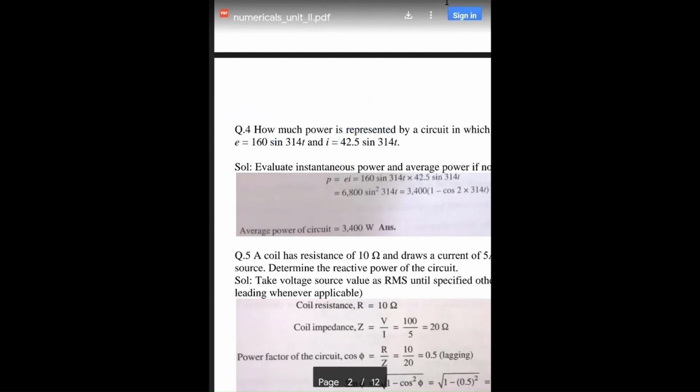Everyone please take a note of how we can identify the nature of the load. If this numerical had an RL load, then the instantaneous current would have an expression like this, because in an RL load the current is lagging by some phi angle. If this numerical had an RC load, then the current would be leading by phi angle.